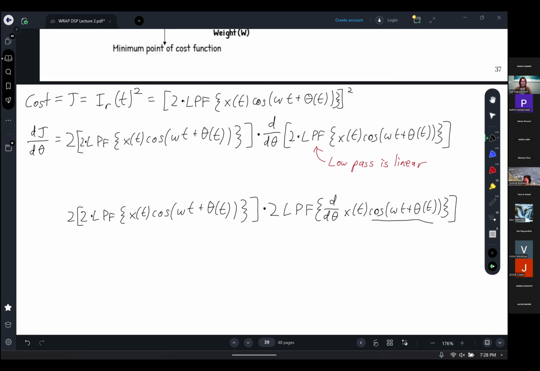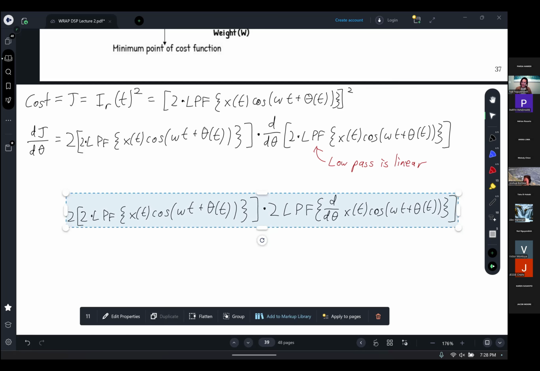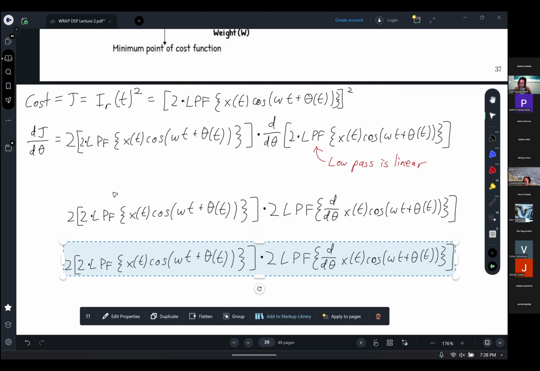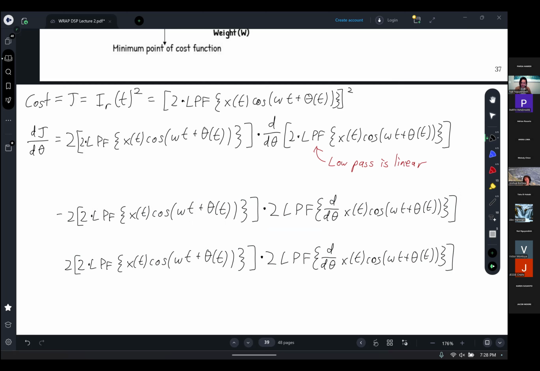It's just the derivative of a cosine. We know how to do that. That's easy. So I'll duplicate this one more time. But I assume you guys already know what this result is going to be.